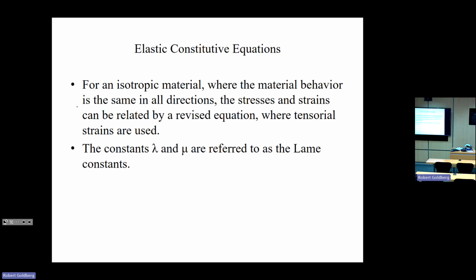So for the isotropic material, you can write the relationship between stresses and strains this way. You can say that the components of stress are equal to this constant lambda times epsilon kk, that is epsilon 1 plus epsilon 2 plus epsilon 3, times the Kronecker delta, plus 2 times mu times epsilon ij.